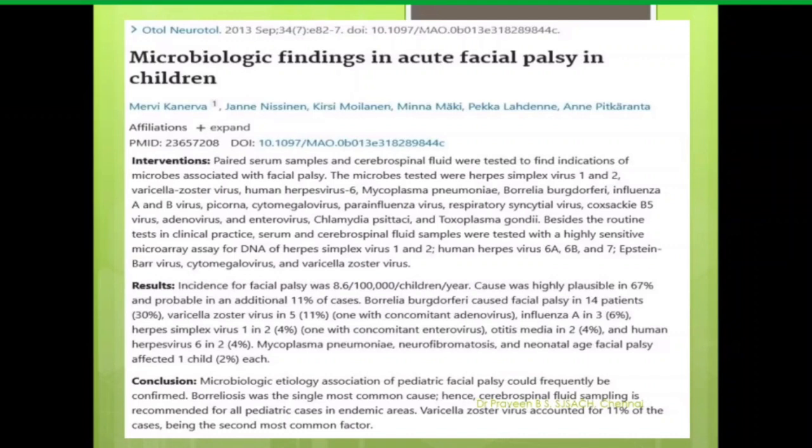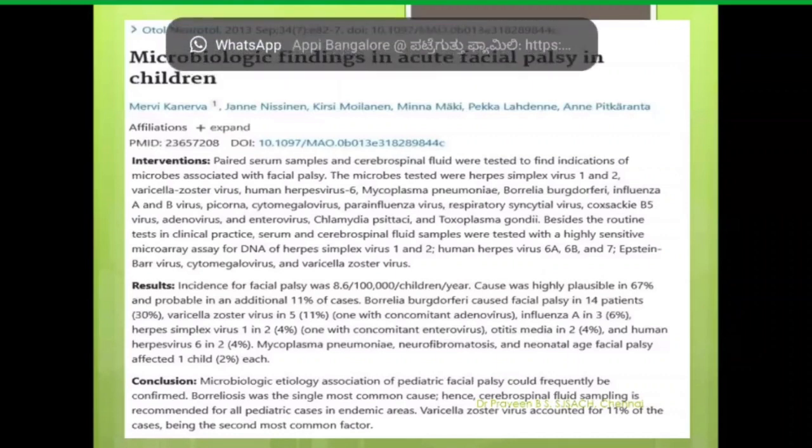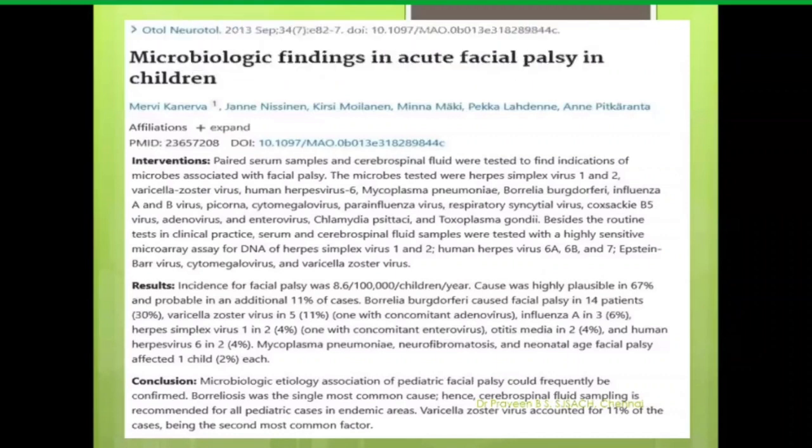However, other articles are also there, such as microbiological findings of acute facial paralysis in children. In this study, they found that many organisms do come into the picture as far as the presentation of these kinds of neurological diseases is concerned. One among them is Bell's palsy.